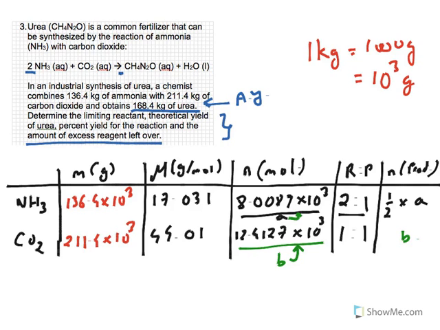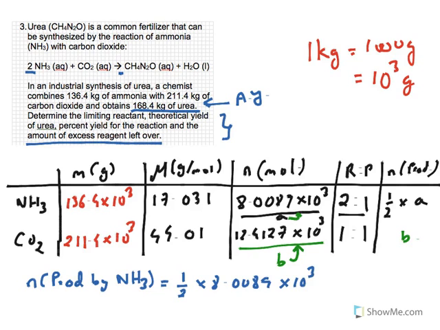So for ammonia, the moles of product that will be produced by ammonia is going to be half times 8.0089 times 10 to the power 3, which is equal to 4.0045 times 10 to the power 3.